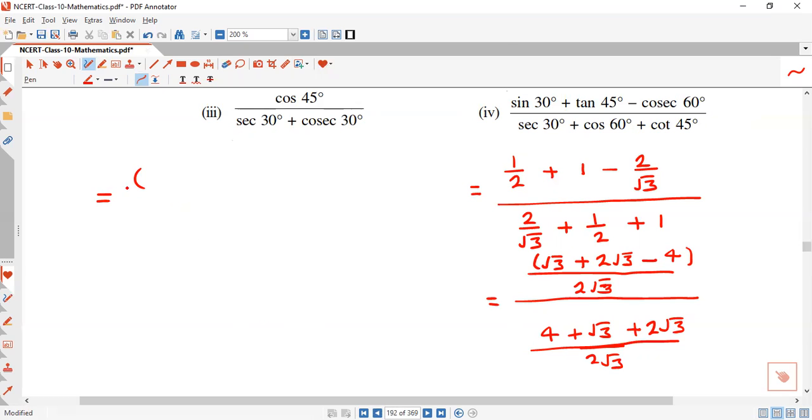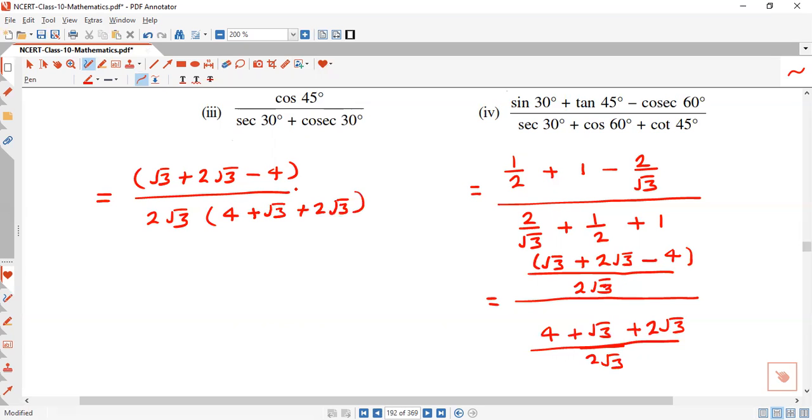So we just write down these values: root 3 plus 2 root 3, this is one whole factor, minus 4, divided by 2 root 3, and then multiplied by the whole factor, which is 4 plus root 3 plus 2 root 3. And this is multiplied by 2 root 3.